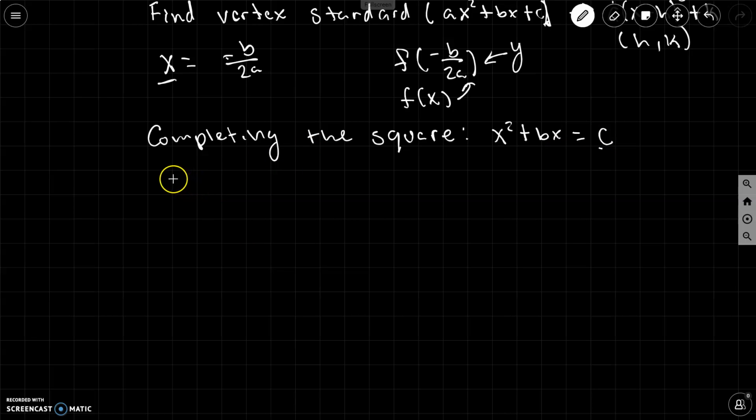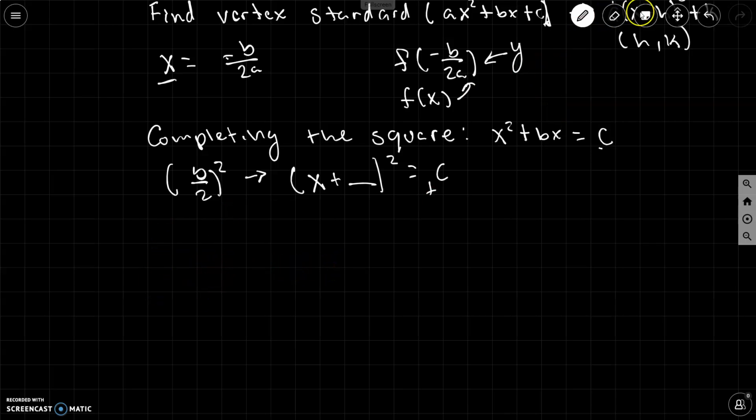The way to do this, remember, is you do (b over 2) squared, and that would give you x minus some number, or x plus some number, squared equals c plus whatever. So that is completing the square, very simple.